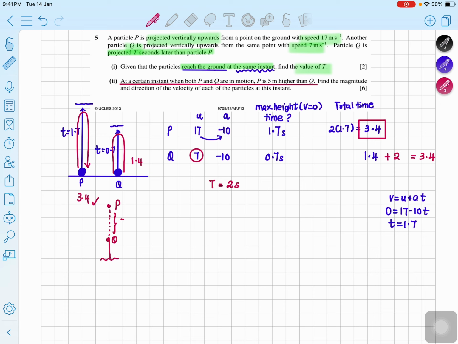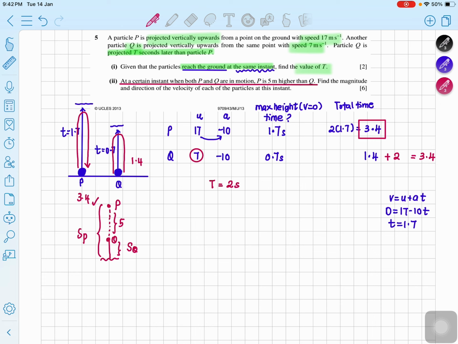So this whole part is 5. Correct? So this is the journey of my Q. So I'm going to find the distance traveled by Q, and then the distance traveled by P. And I want to equate them because I want to know at what instant this exactly happens.